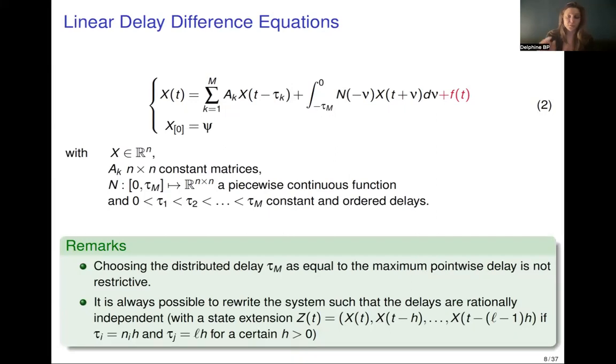Also, this is a very short remark: if you have two delays tau_k and tau_l, let's say, which are commensurate, so which have a common factor, you can still extend the state to go back into a setup where all the delays are rationally independent. So this is important for later use. So you can, without too much loss of generality, assume that the delays are rationally independent. This is not a big restriction.